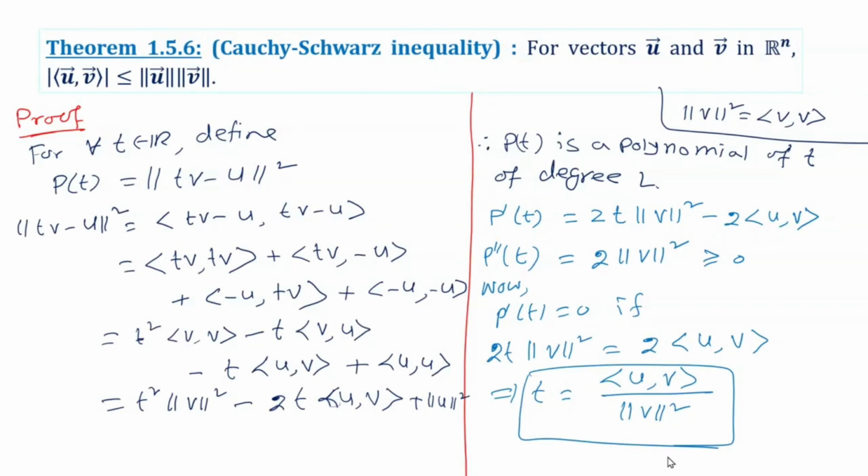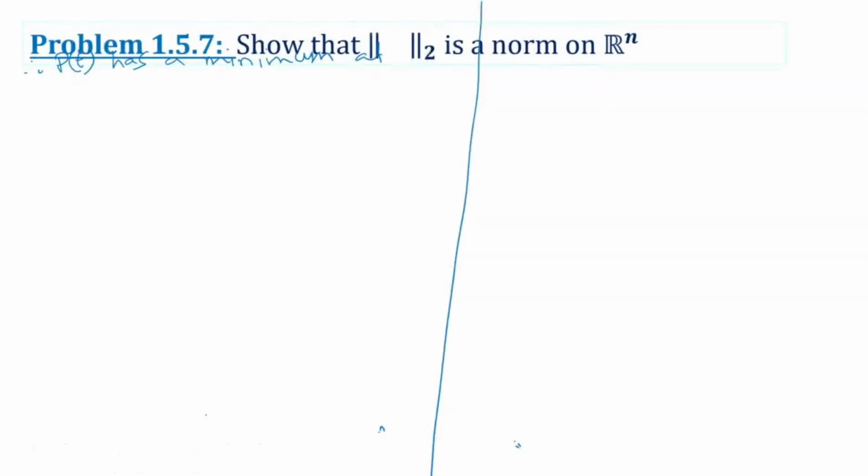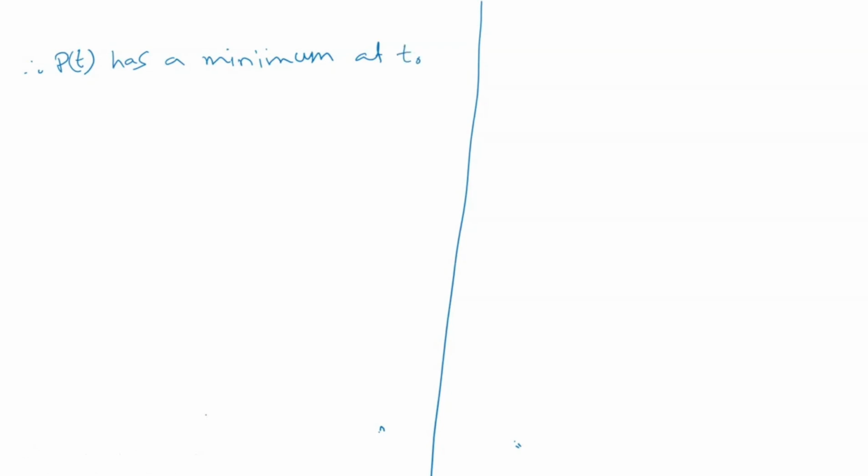Therefore P(t) has a minimum at t naught. So P(t naught) is the minimum value.